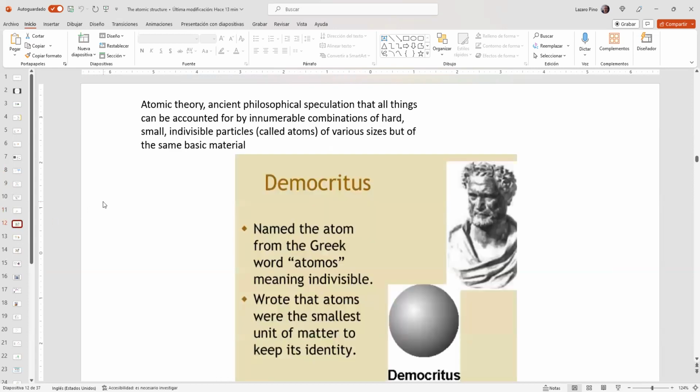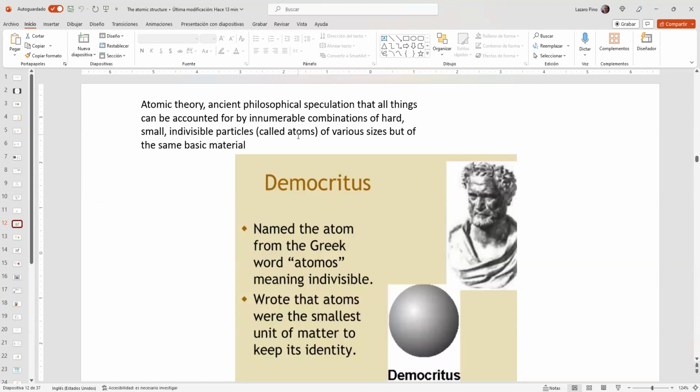Well, the first person that gave a real idea of what matter was composed of was Democritus. He named the atom the small particle that made every type of matter.